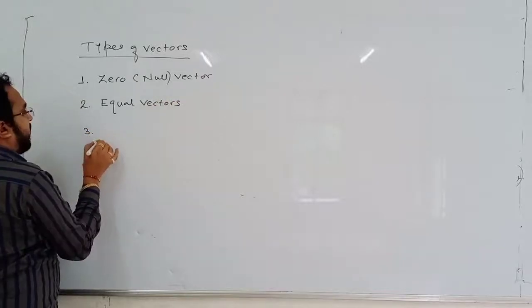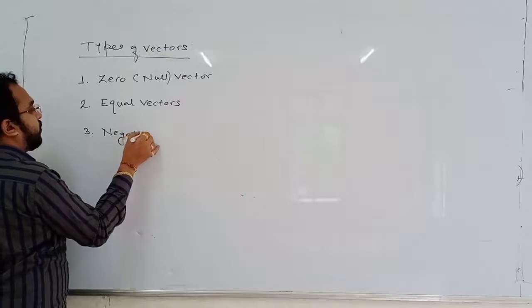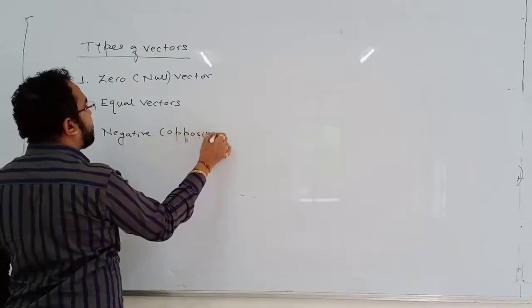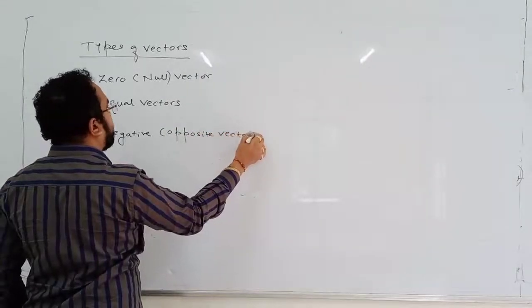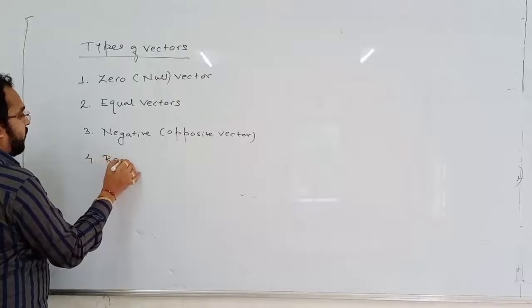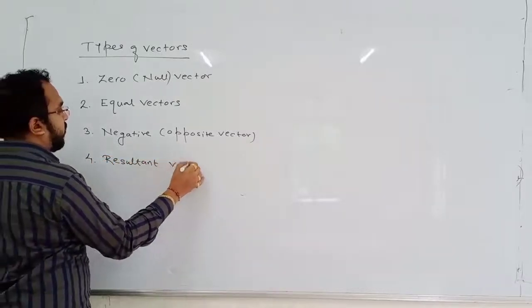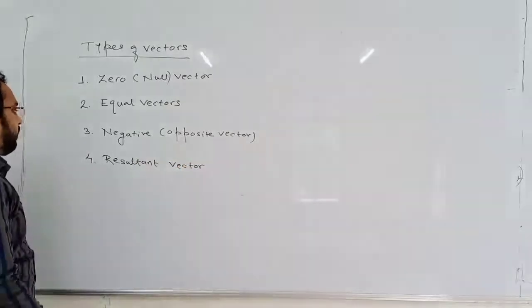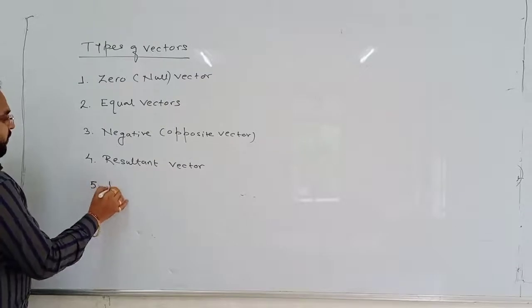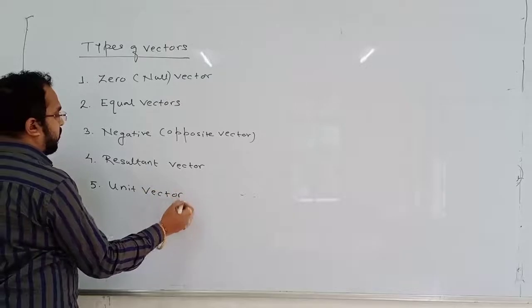Then third type, negative or opposite vector. Fourth type, resultant vector. Fifth type, unit vector.